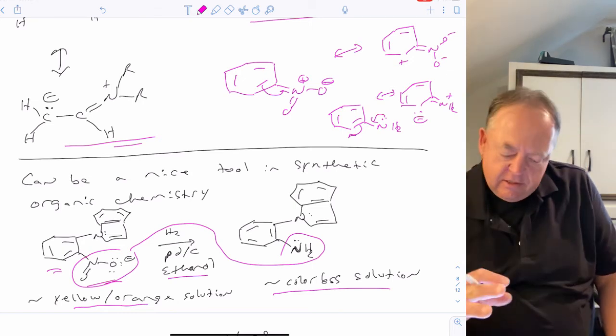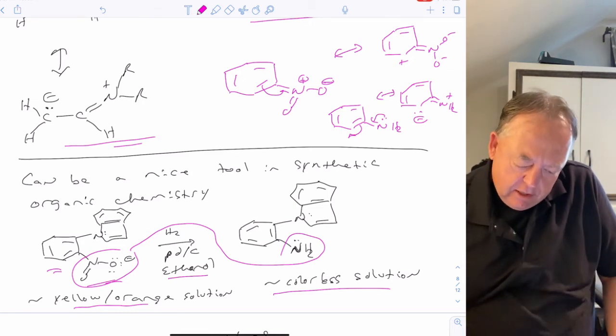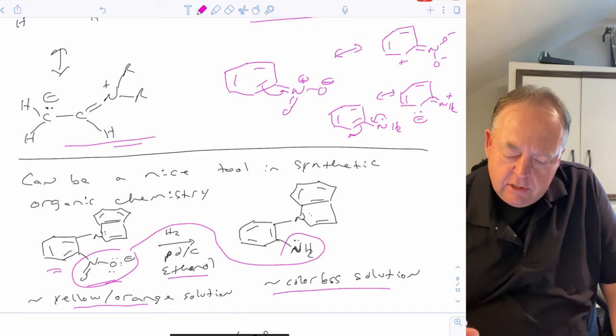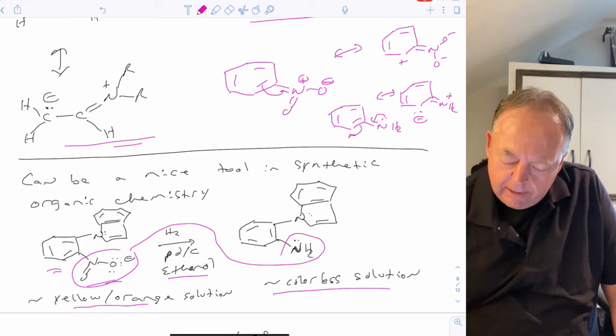So we're going to see exactly the opposite effect, and so you're going to see a big change in where the molecule absorbs UV light.